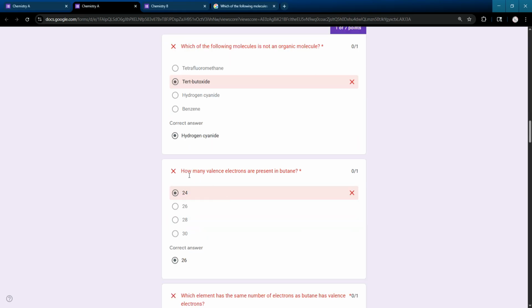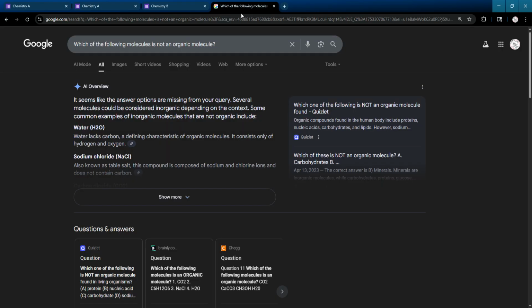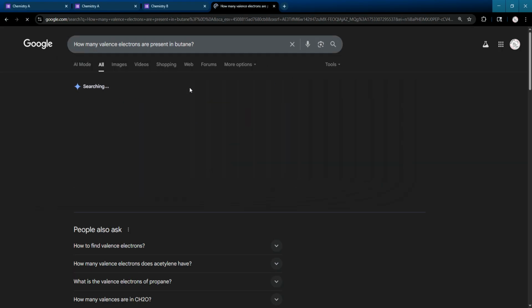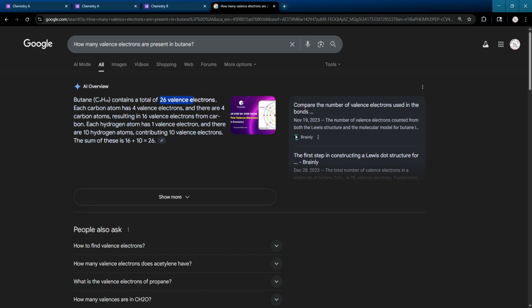Nice. How many valence electrons are present in butane? 26. I wonder if this is like a commenting or based on our chart. 26.